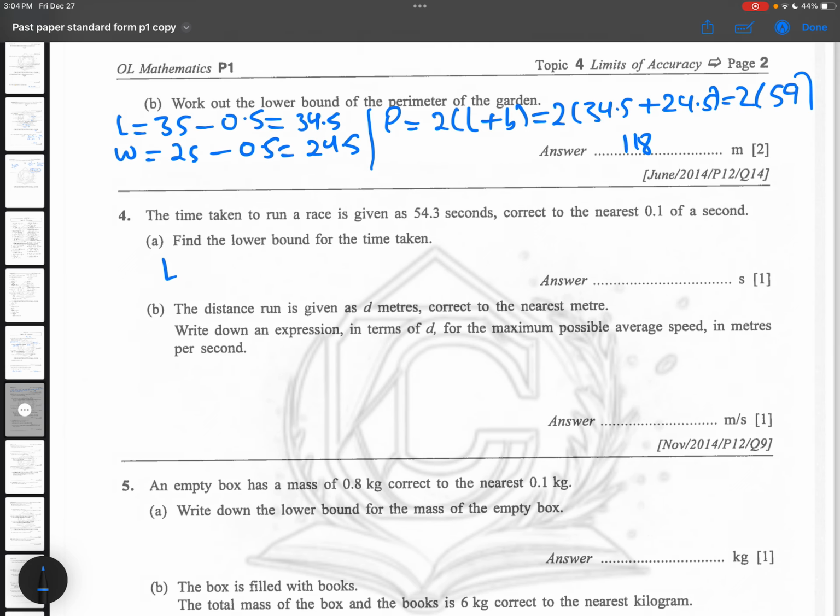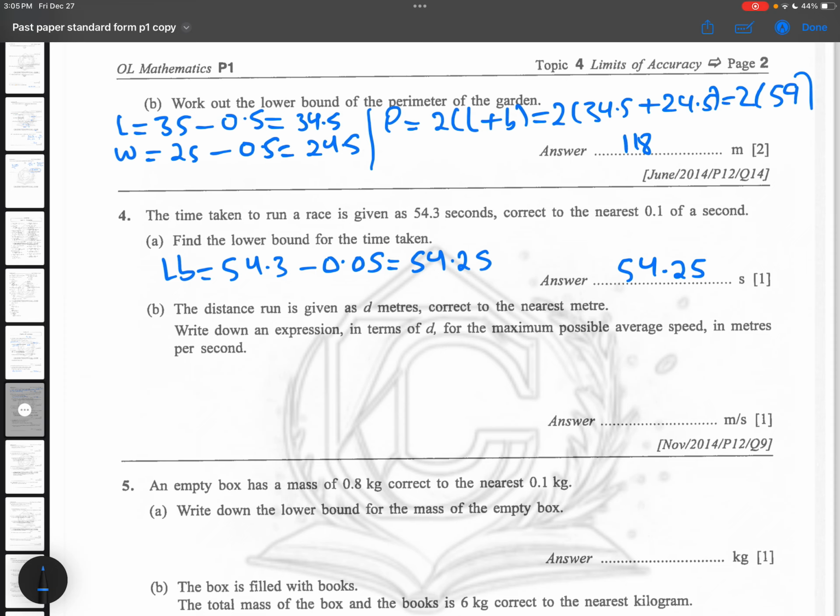In order to get the lower bound, I will subtract 0.05 from 54.3, and this will give me 54.25. So this is the lower bound of the time taken.